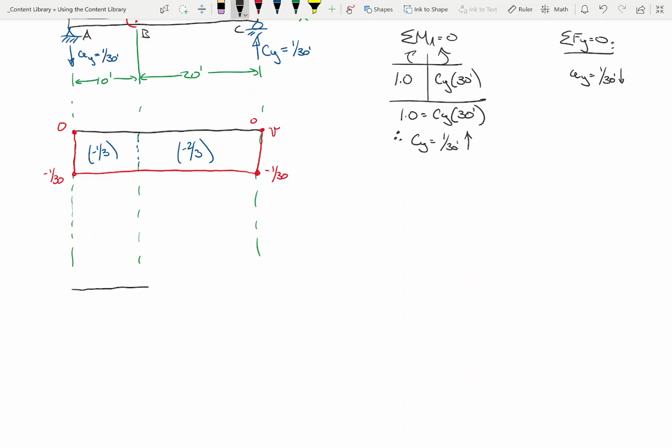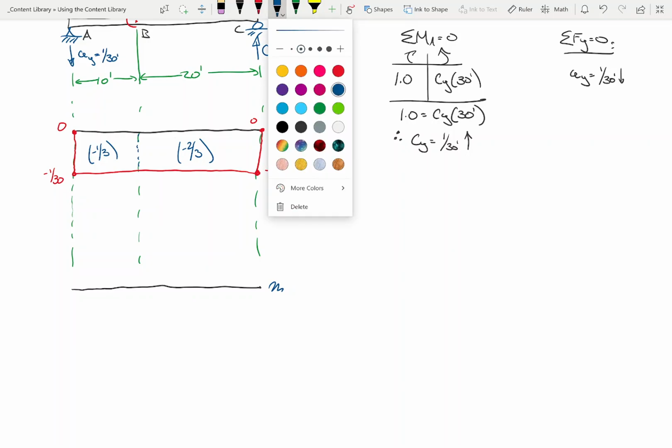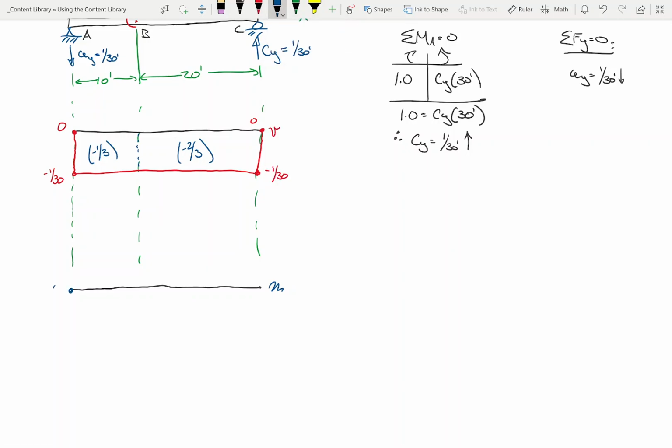So the moment diagram, which looks very suspiciously like an influence line, which we're going to talk about later. There's some really interesting analogies there, which we'll talk about later. That's going to be our moment diagram. Okay?